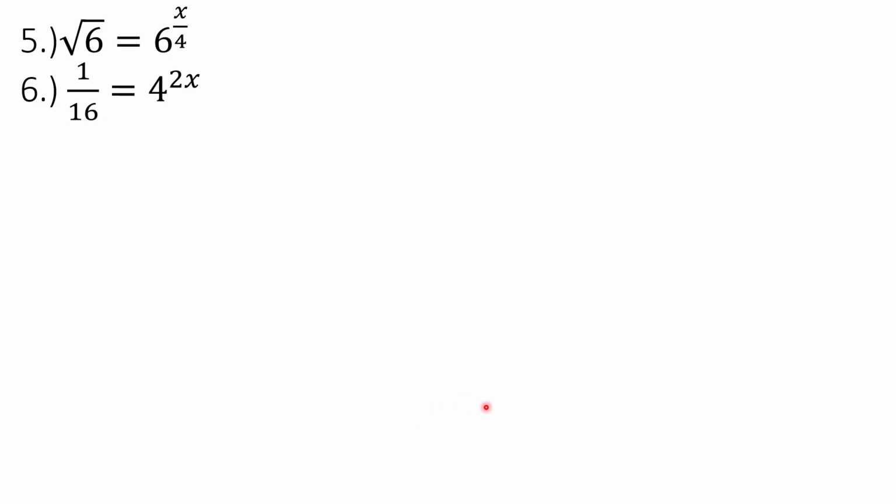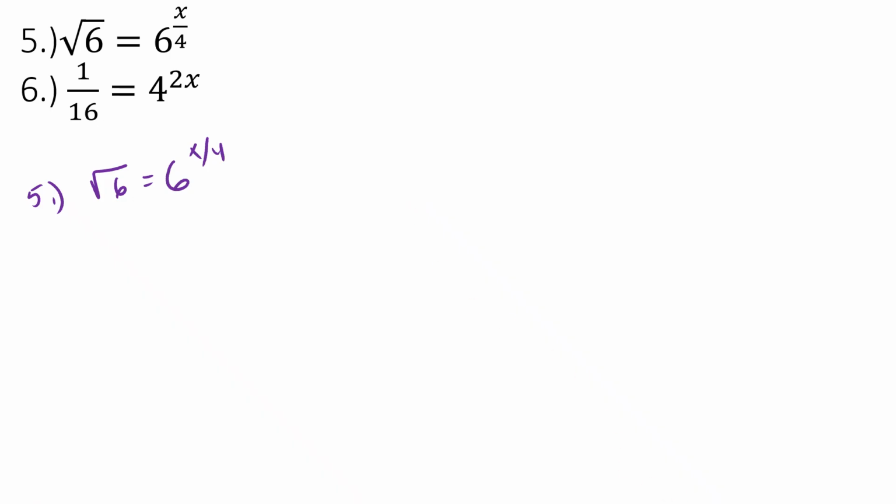Okay, so these two are meant to stretch the limits and review some stuff. So this one here, you can probably guess that the number we want to get is a 6. The problem is this 6 is stuck underneath a square root. And if you have followed along with some of my other lessons, then you know that this goes back to what are called rational exponents.